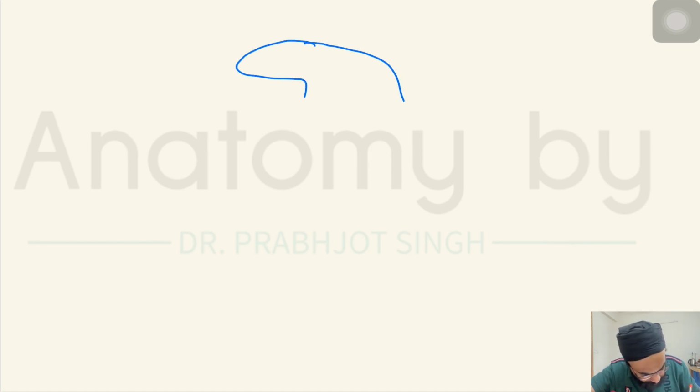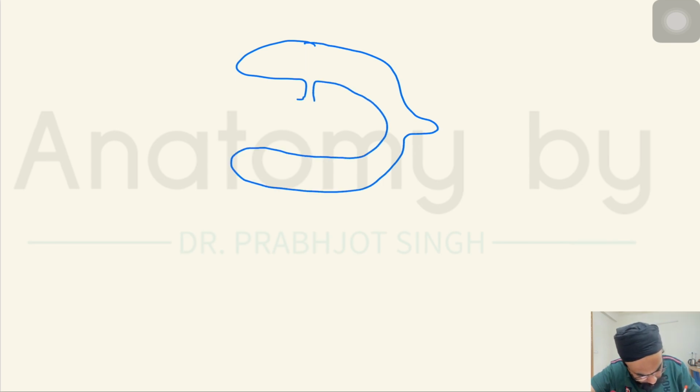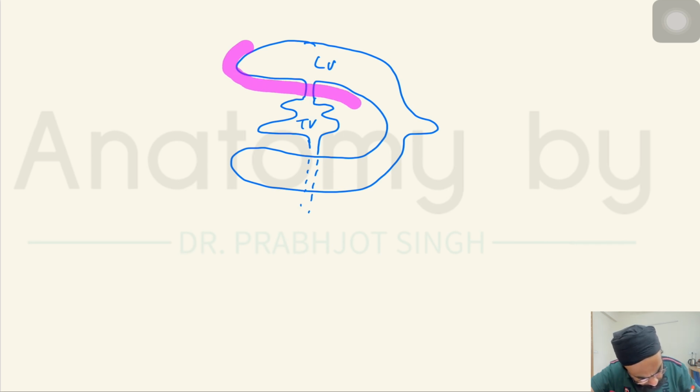This is the lateral ventricle, this is the third ventricle, and I'll draw the caudate nucleus over here.